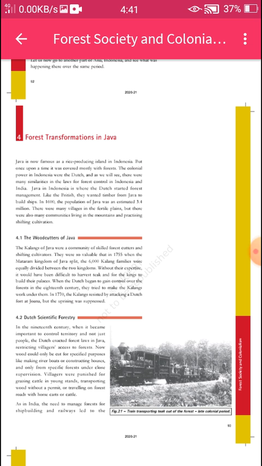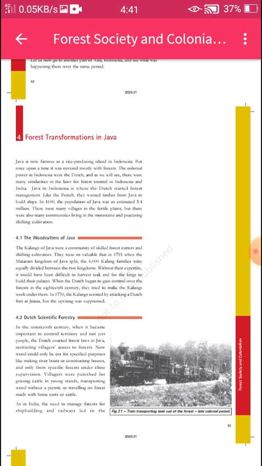In the 19th century, the Dutch government started scientific forestry. You already know what scientific forestry means. It became very important to control the territories and not the people, and the Dutch enacted forest laws in Java.